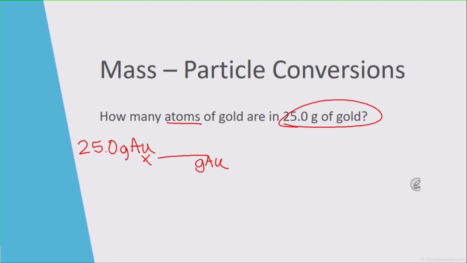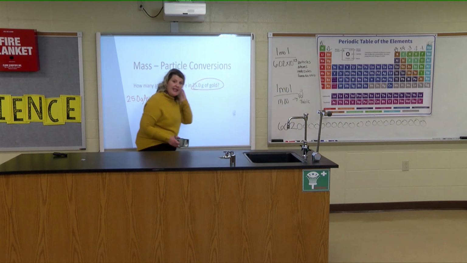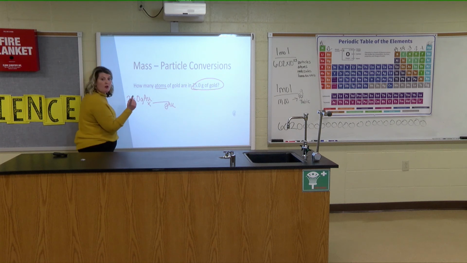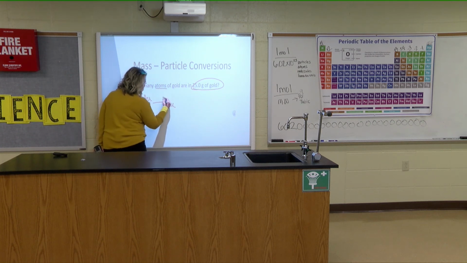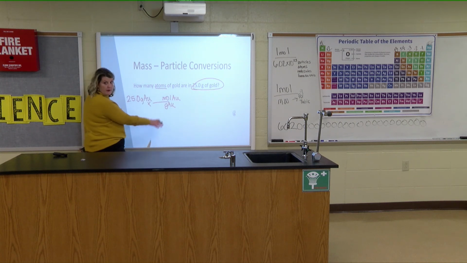No. You cannot go from grams to atoms. You can go from grams to moles, and then you can go from moles to atoms, but you can't do that in one step. So we're going to have to do a two-step problem. So on the bottom, I'm going to put grams of gold. On the top, I'm going to put moles of gold. Look at your conversion factors.